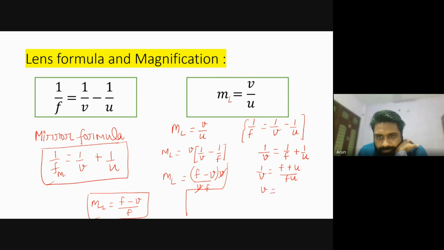So what is the value of V? It is FU by F plus U.